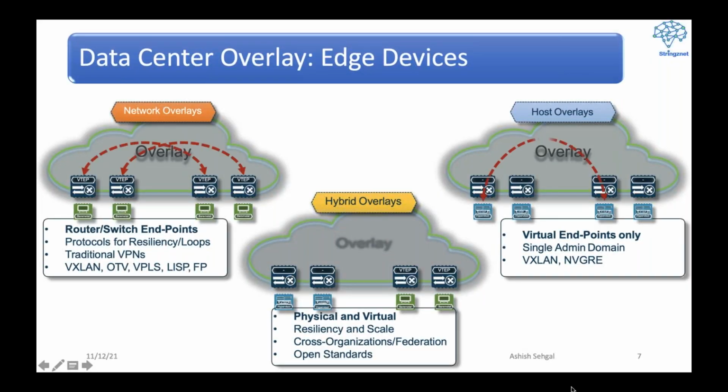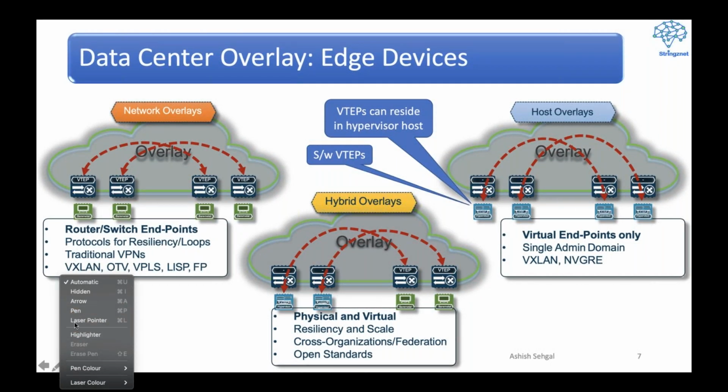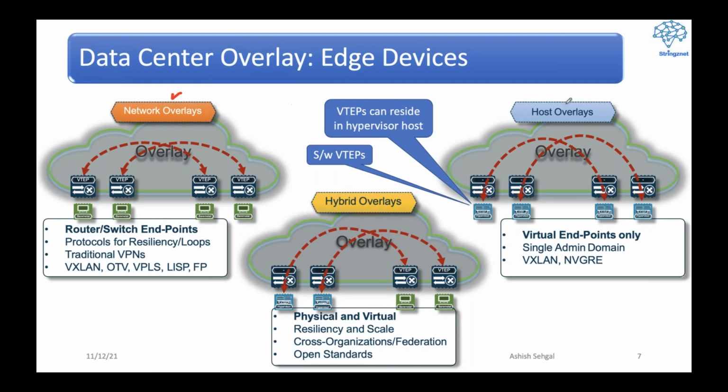Back onto slide share mode to look at what is hybrid overlay. In case of a hybrid overlay, we need to appreciate a mixture of network plus host overlay, wherein on the one side you have a virtual distributed switch, and on the other end you have VTAP configured on your physical switch.